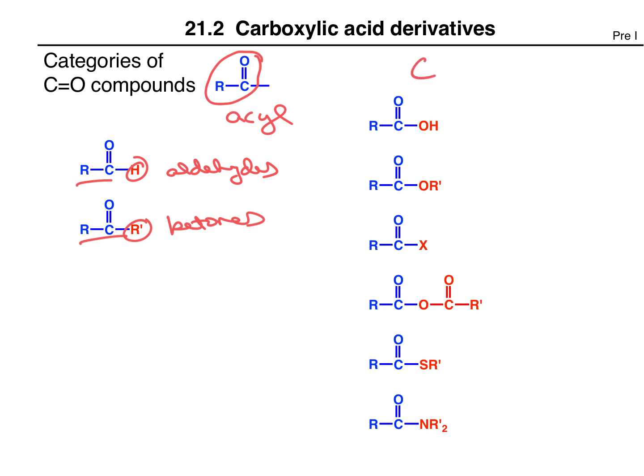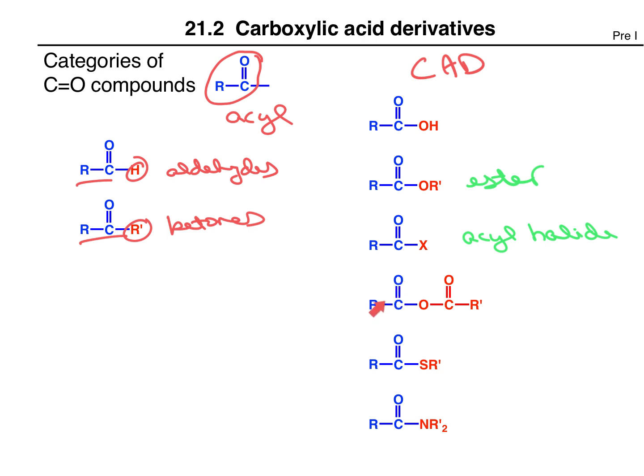But in terms of carboxylic acid derivatives, we have a carboxylic acid itself. If we have the acyl group connected to OR, so some alkyl group rather than an OH, this is an ester. If the acyl group is connected to a halogen, this is called an acyl halide, or just an acid halide.